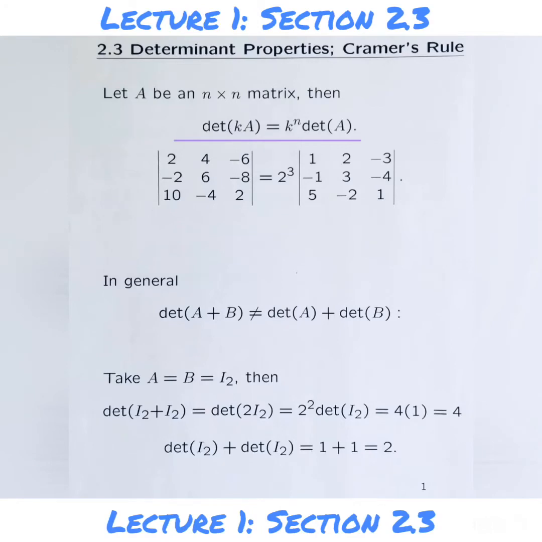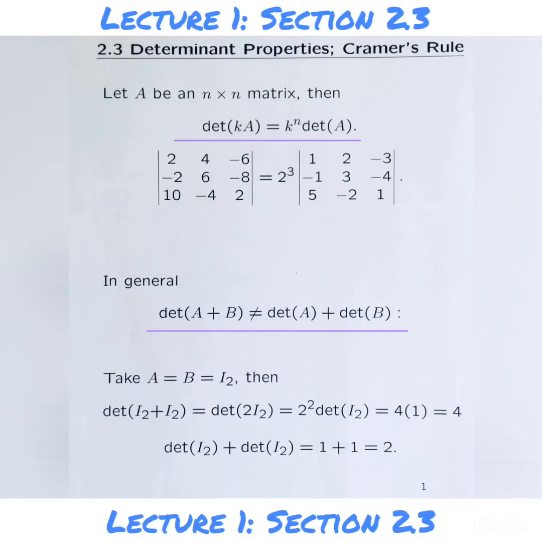Then also in general, we established that the determinant doesn't distribute over the sum. Later in this chapter we'll see that it does distribute over the product of matrices, but generally not over the sum. And we can apply the identity we discussed above to easily see why that's the case.